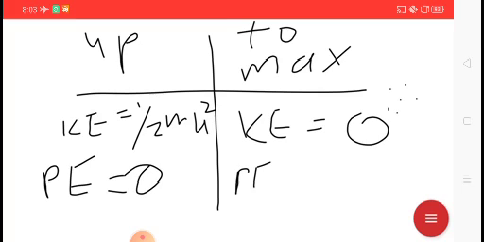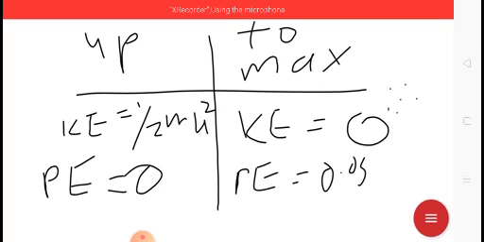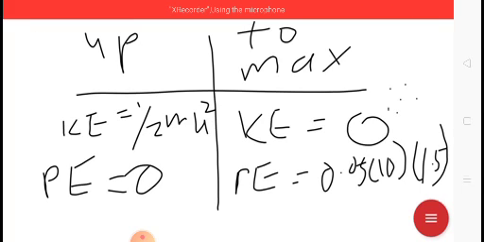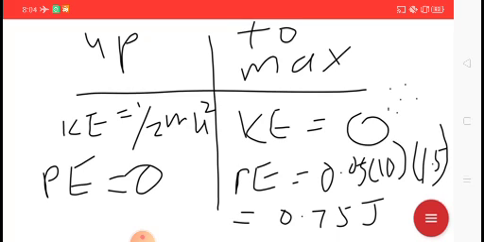After a while, the ball reaches the maximum height of 1.5, so your PE is 0.75. But don't forget, you need to overcome the resistance.